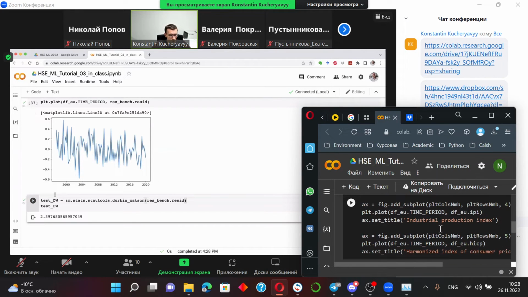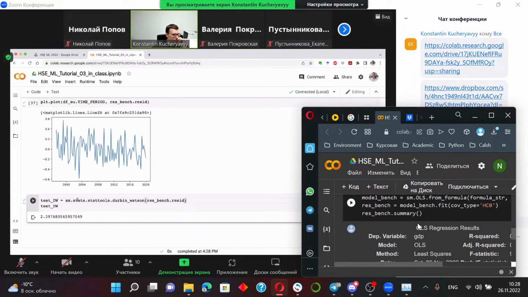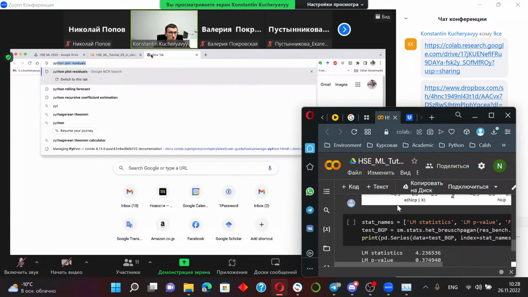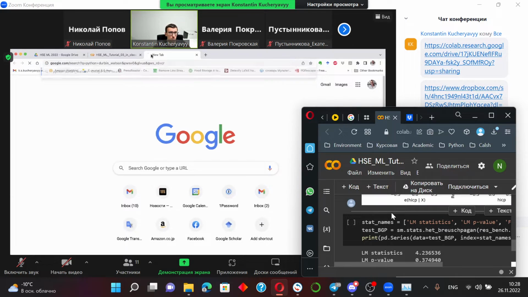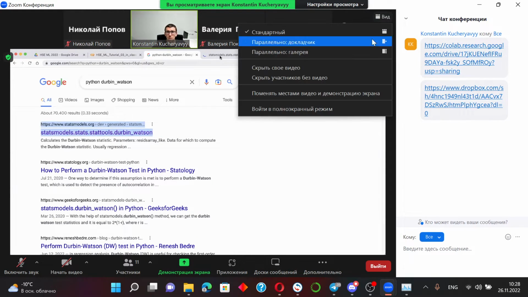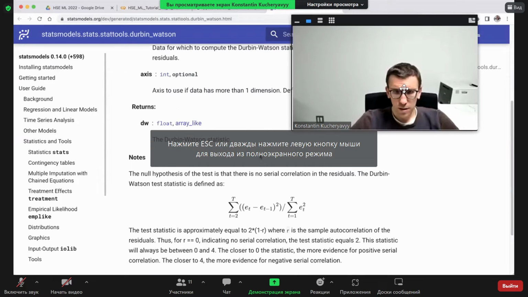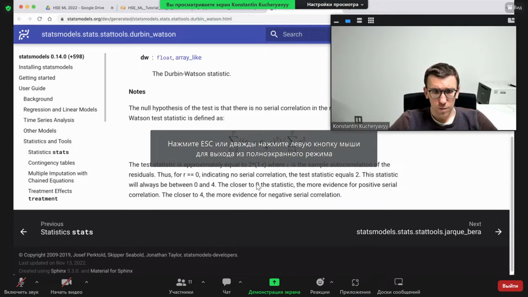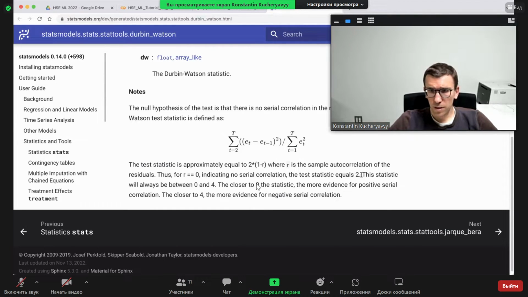So now, usually for Durbin-Watson, here, I think it says somewhere. The statistic is always between 0 and 4.